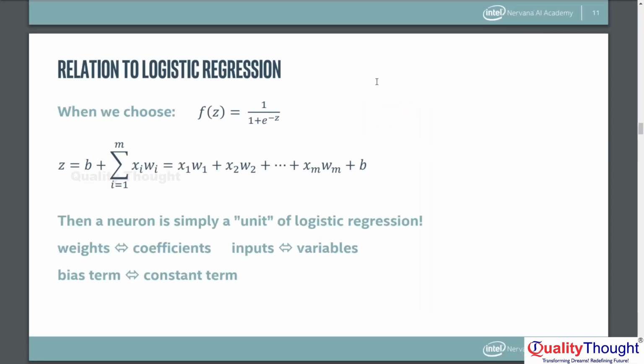Generally, in relation to logistic regression, we have 1 divided by 1 plus e power minus z. Our z value, we know, is x1 w1, x2 w2, and so on, plus the bias. So hence a neuron is nothing but simply a unit of logistic regression.